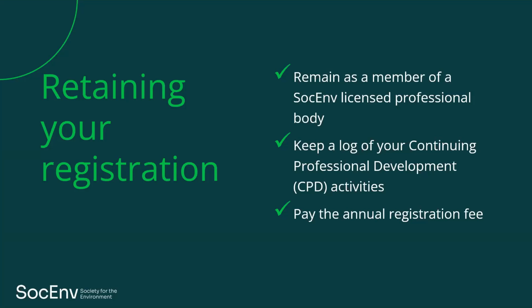So say you applied through StarUM, you could stay with them as a member, and therefore that's the first step to continue as a RFP. Now, you can also transfer to one of the other 9 professional bodies that are currently licensed to award RFP for whatever reason that might be. So as long as you meet their membership requirements and so on, you could do that if you wanted to.